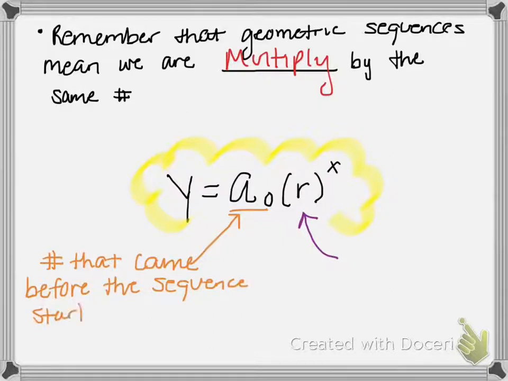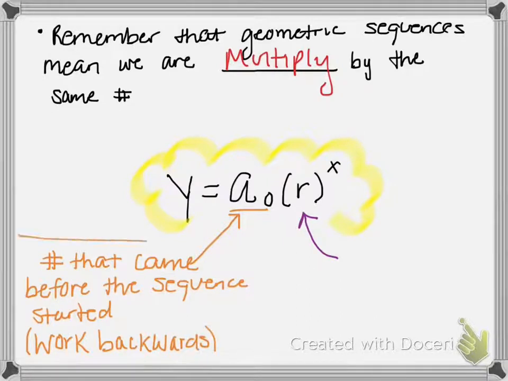So it's actually the same thing as our b value in y equals mx plus b. Remember that we had to work backwards for it? We're going to do the same thing here. We have to work backwards to find that a sub 0. Okay, so that's what's going to go inside of your a sub 0 box in your notes.